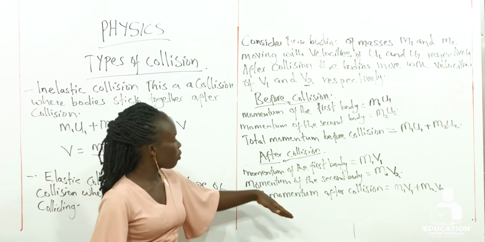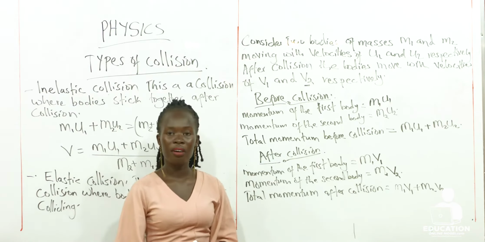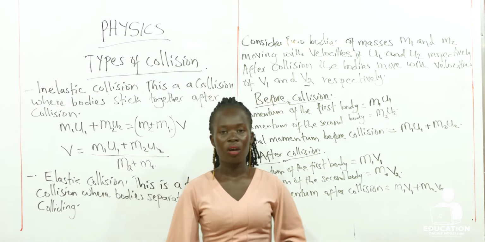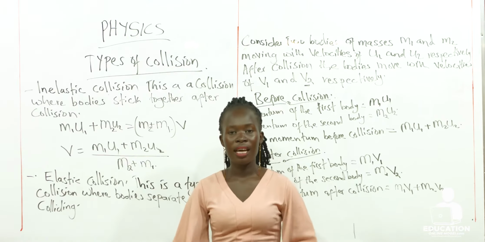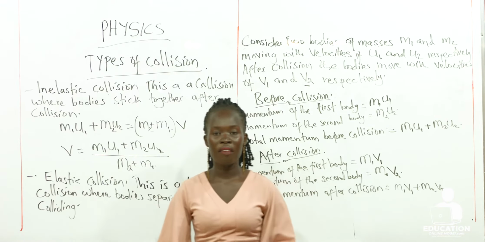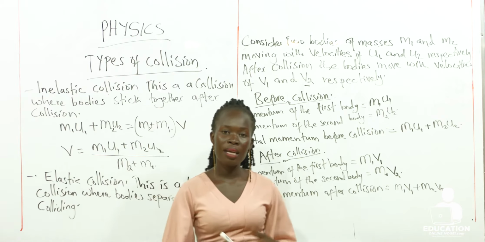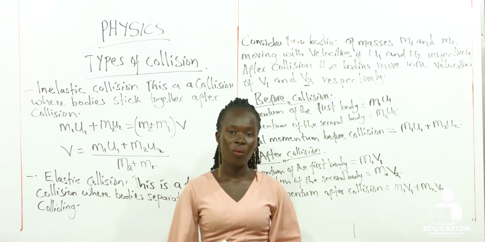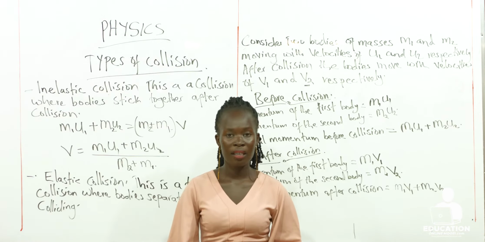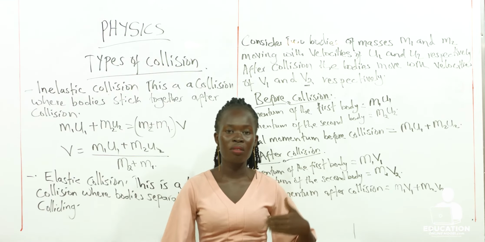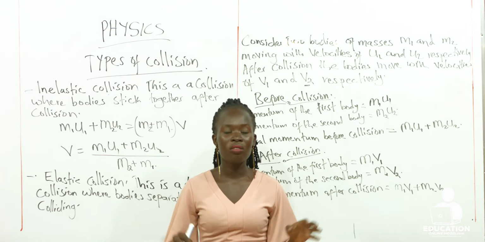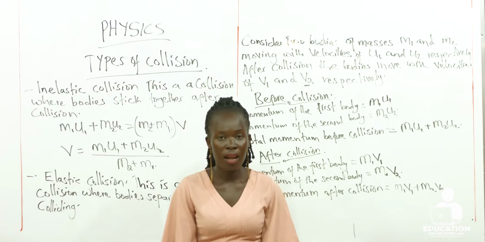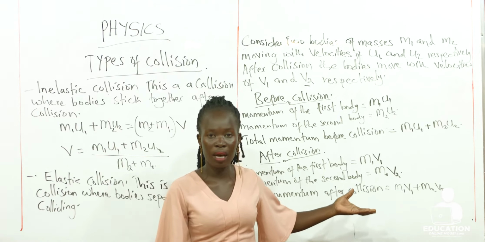So how shall we conserve the principle of linear momentum here? If we want to conserve that, with the conservation, the total momentum before collision will be equal to the total momentum after collision, because these two momenta remain constant. That is on the condition that no external force has been applied to the bodies.